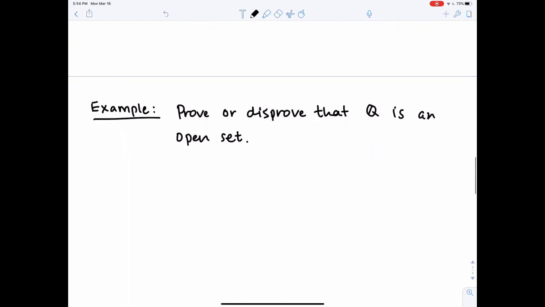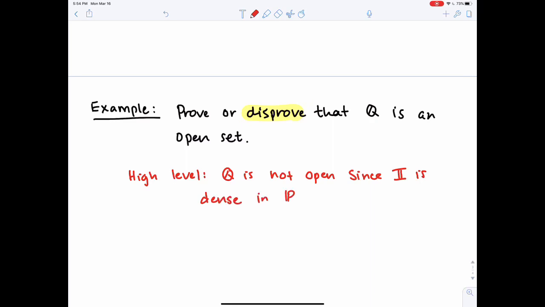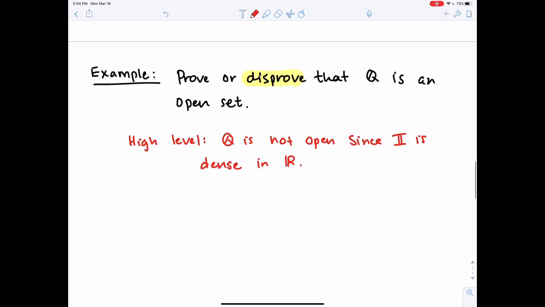Okay, so in this case, we are going to disprove that Q is an open set. And the high level idea is that Q is not open since I is dense in R. So let's think about how that works.